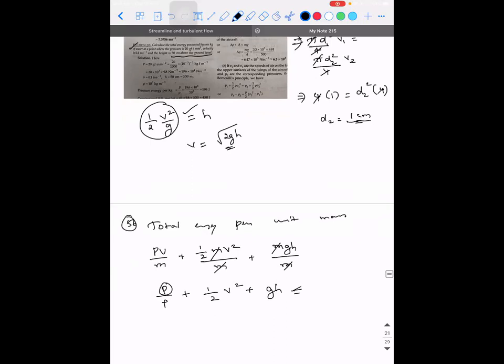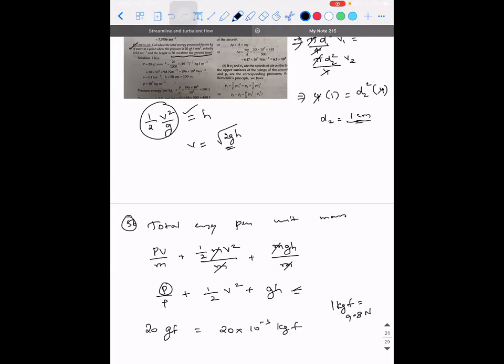So how much is the pressure they have given? They have given it as 20 gram force. So how much is 20 gram force? See, 1 kilogram force is equal to 9.8 Newton. So 1 gram force should be how much? We can write it as 20 into 10 power minus 3 kgf.